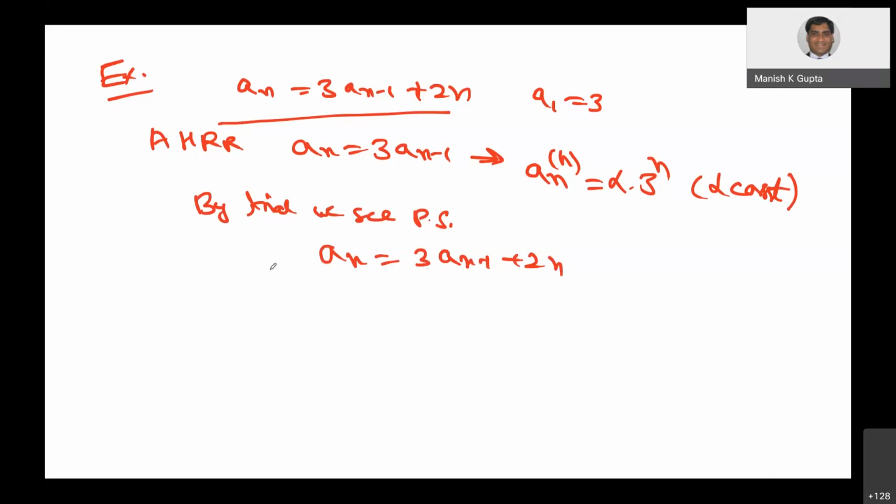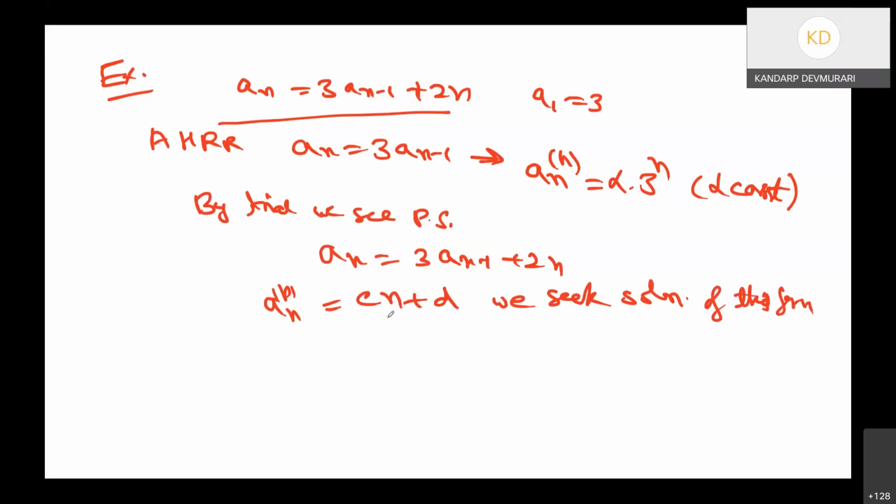I am looking for a solution of the form Cn plus D. I don't know what C and D are, maybe this is a solution, so I'm just substituting, right?